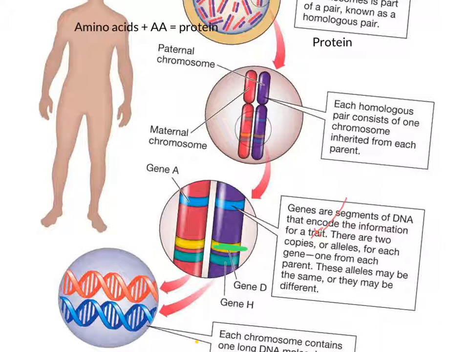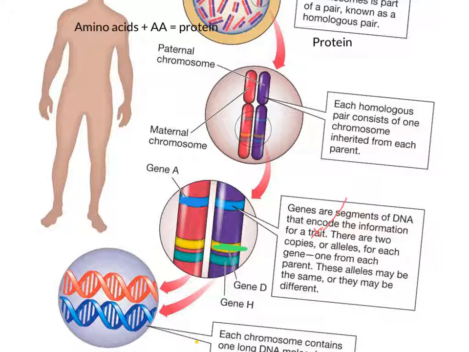So there are two alleles. As I mentioned earlier, you could have the same alleles, one from mom, one from dad. Let's say gene A here, and we can say it's blue.